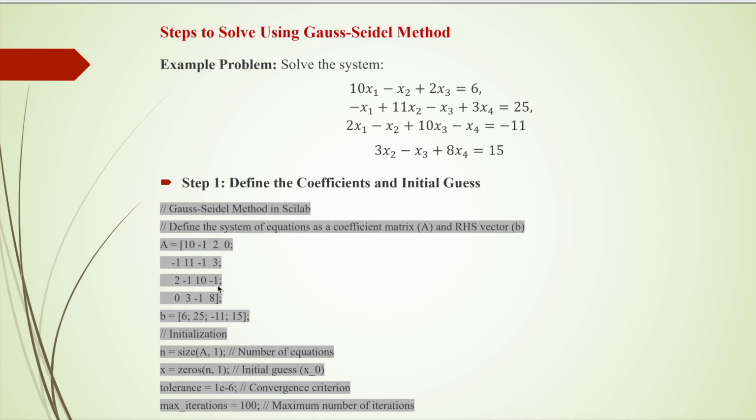This is the coefficient matrix A, and this is the right hand side vector B: 6, 25, minus 11 and 15. For initialization, n is the number of equations, x is the initial guess, and then the convergence criterion and the maximum number of iterations.